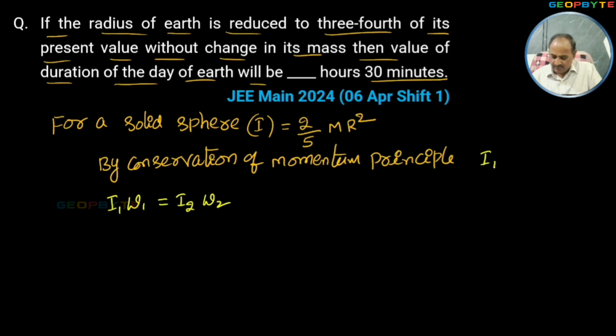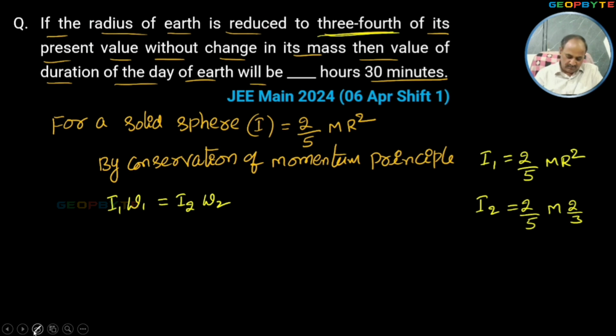Here I1 equals 2 by 5 m r square. I2 equals 2 by 5, mass remains the same, but r is reduced to 3/4 of its present value. Should be very careful: 3 by 4 times the radius, squared.